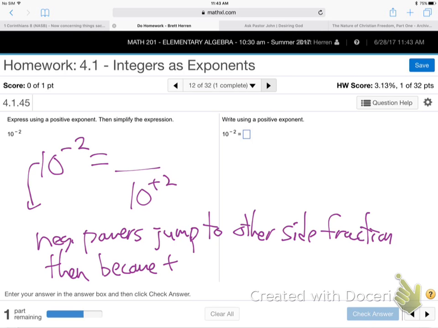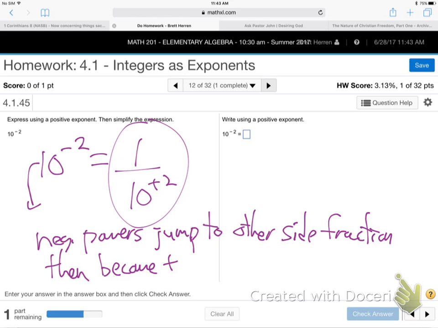Does that make sense? Negative powers jump to the other side of the fraction, then become positive. So there's nothing left on the top then because the thing jumped down, so you just put a 1 up there, huh? And I think they just want you to leave it that way.